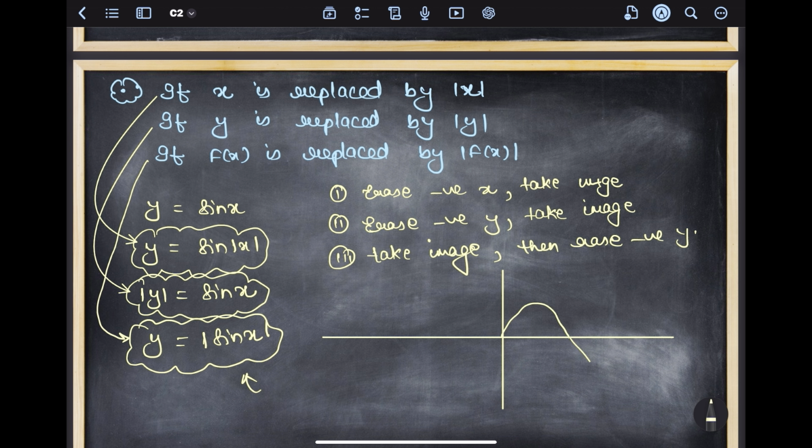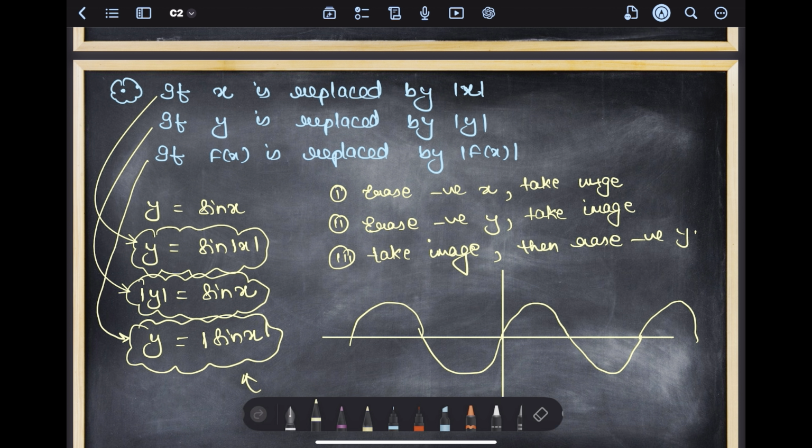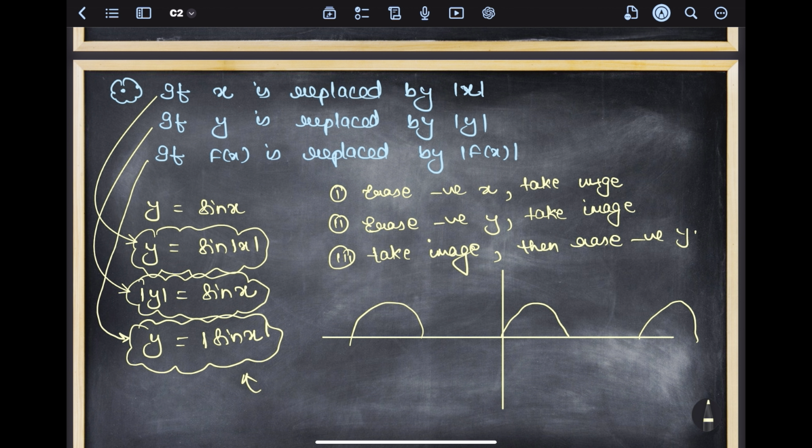So this is the graph. In this situation, first you have to erase negative y. Done. And then you have to take image. So this is the image of mod y equals sin x.